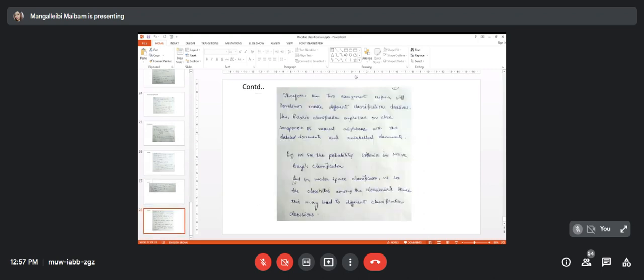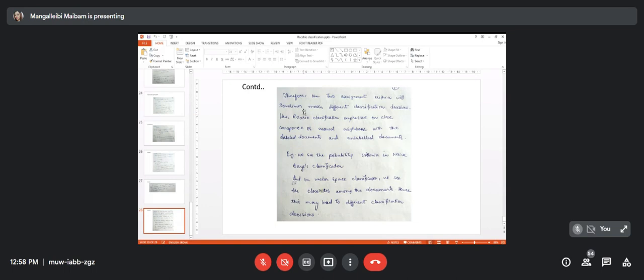Then, as I told you, the assignment of the classes will be different according to the different classification methods. In the Bayes method, this particular example we assigned to China class, using Bernoulli's we assigned to North China class, and with vector space Rocchio classification we assigned to North China class.